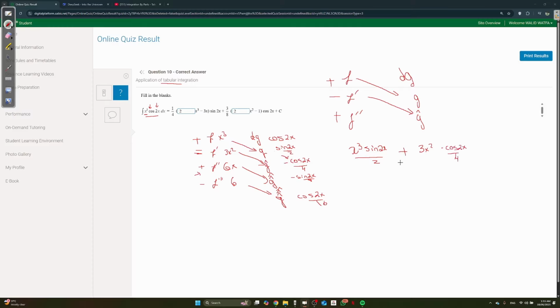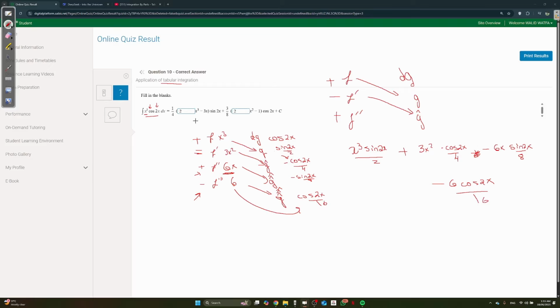Then plus 6x times negative sine 2x over 8, so we're going to make it negative. So 6x sine 2x over 8. Then minus again 6 times cosine 2x over 16. I'm just crossing. The table is the hard part, but after you have the table, you just cross stuff.